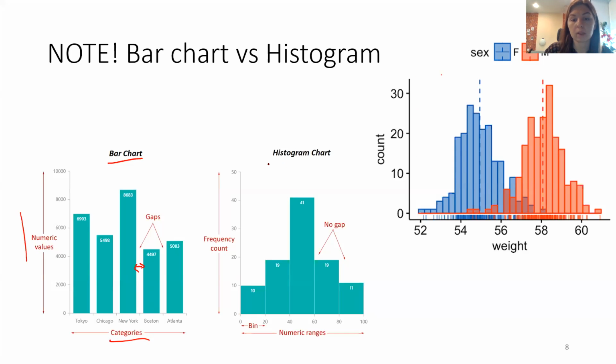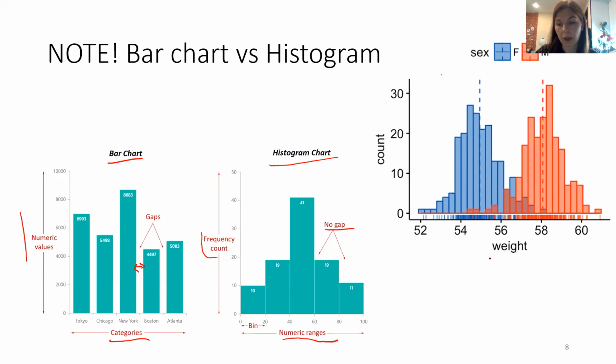But when we are talking about a histogram, we have numeric ranges as the x-axis and frequency count as the y-axis. We have no gaps here, so our bars are quite close to one another. As for application, histograms are used, for example, to compare several groups.